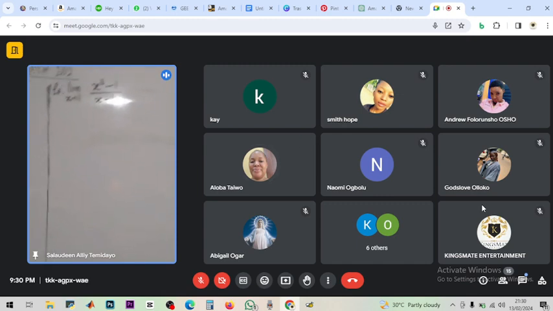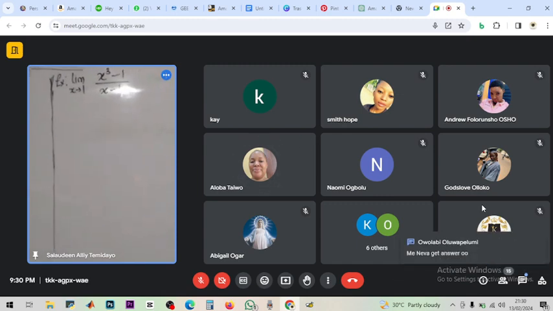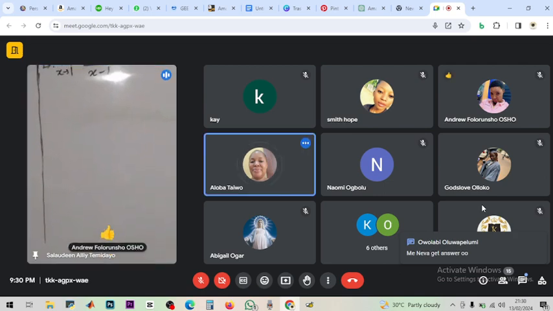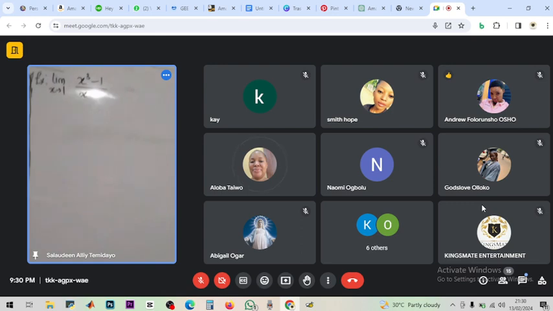Before you can solve this, I believe you go through polynomial. I don't believe it could be so fast like that. That was too fast.